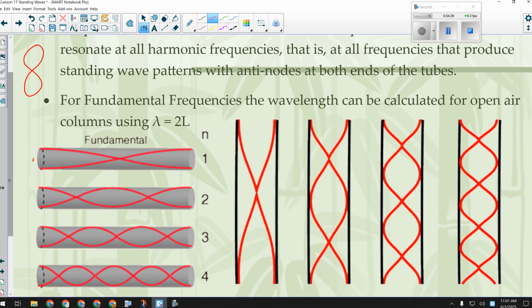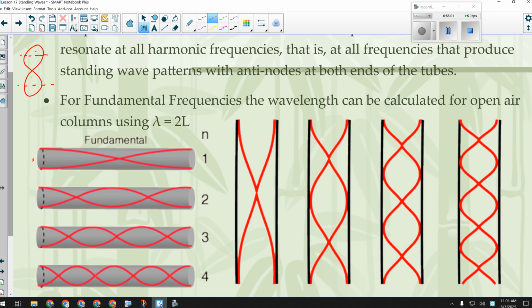Asha, how many? Not quite. Let's just have a look at this. If I take this and superimpose it on here, I've got a node in the middle, and I've got an antinode and an antinode. This is 1/4, 1/4, 1/4, 1/4. How much of the wavelength is in there? Half. It's between 1/4 and 3/4 that are in the tube.